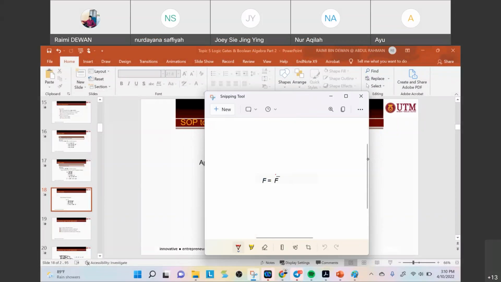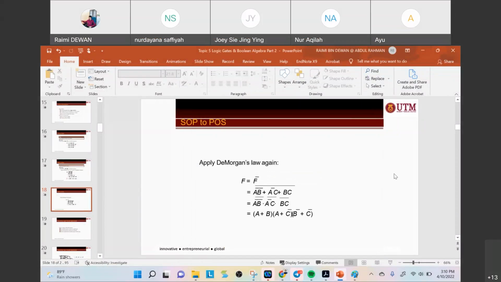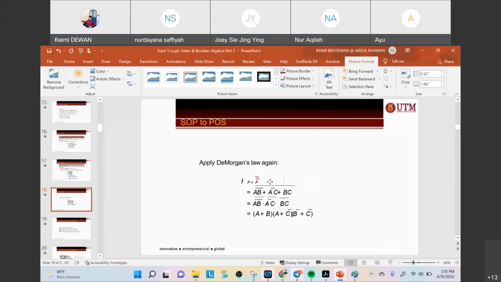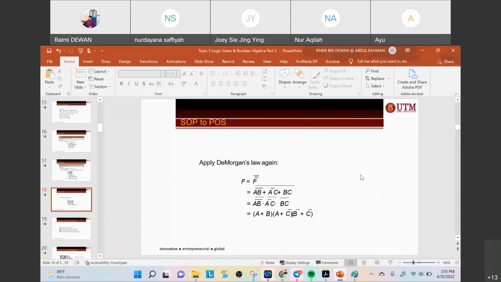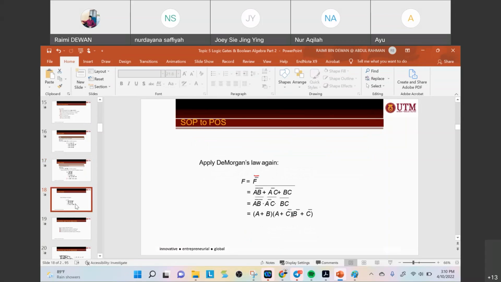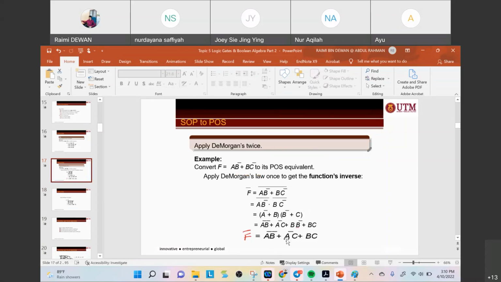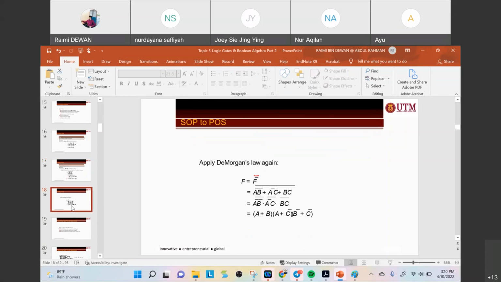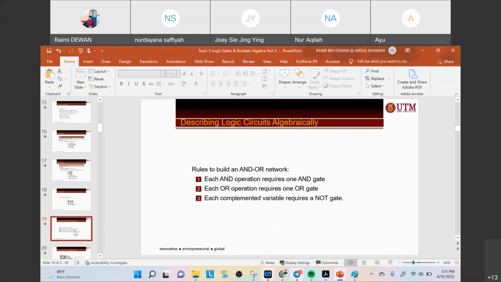So this one should be bar, in order to get the same original back. Okay, now it's better. Why is it different? Okay, so now it should be okay.